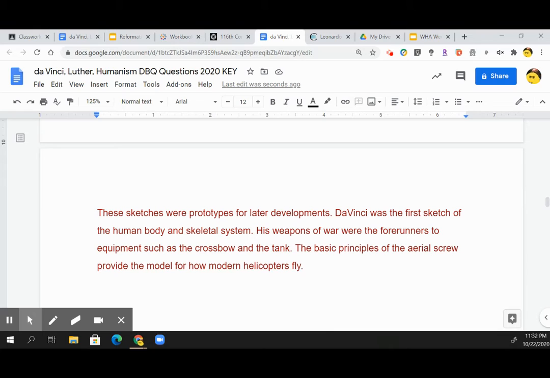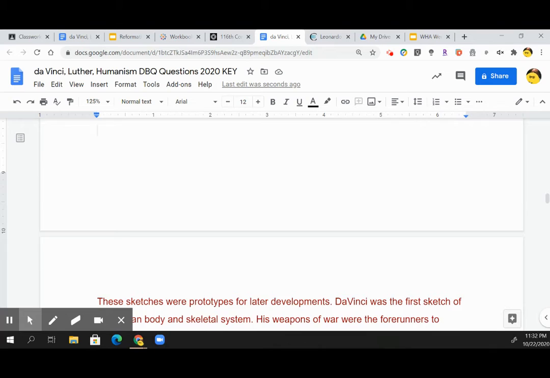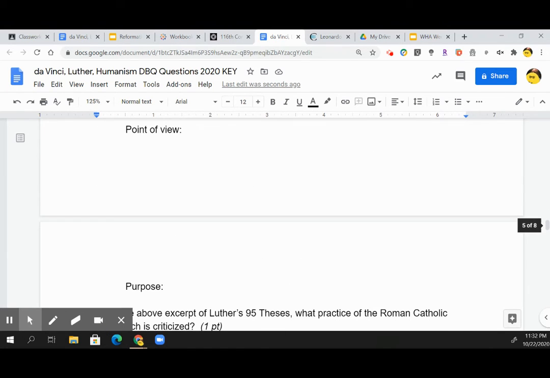And the basic principles of the aerial screw provide the model for how modern helicopters fly. So this is truly an example of how he is contributing to modern science and technology, and providing evidence for that, which is what you're going to need to do for the rest of these.